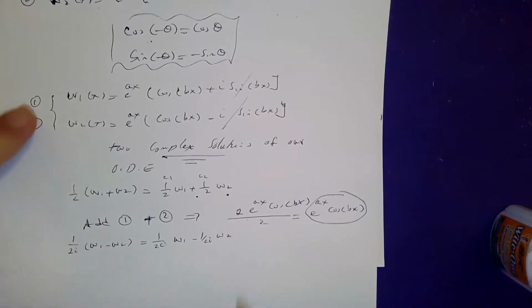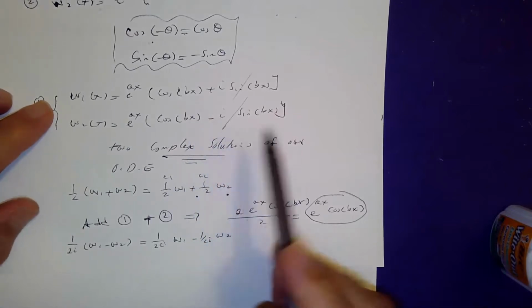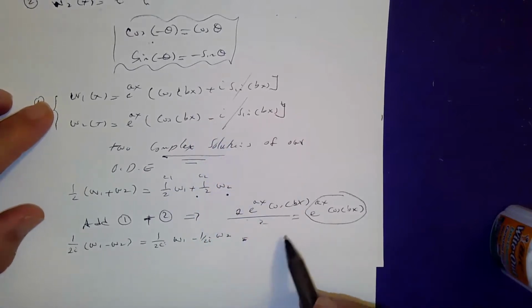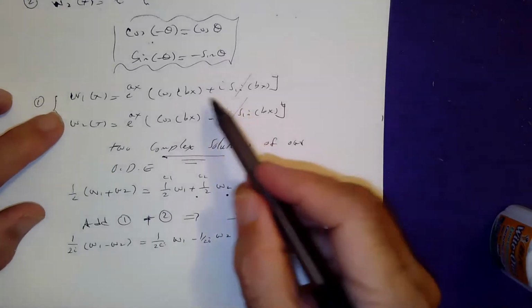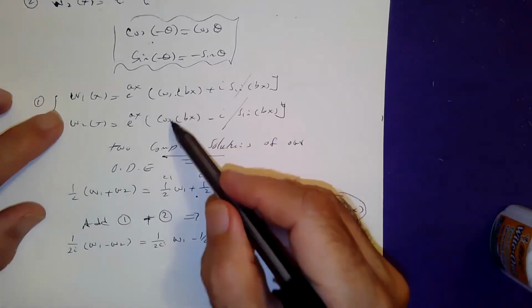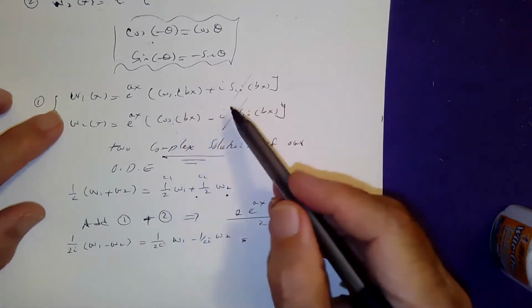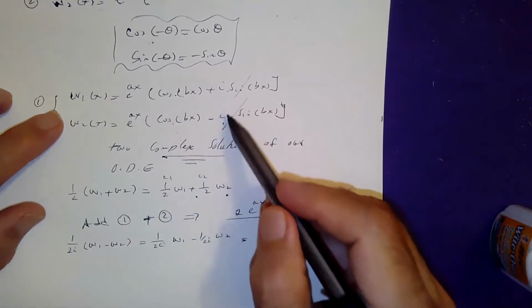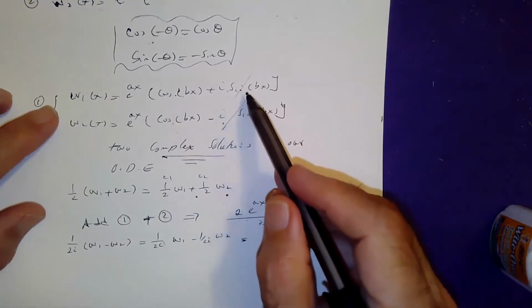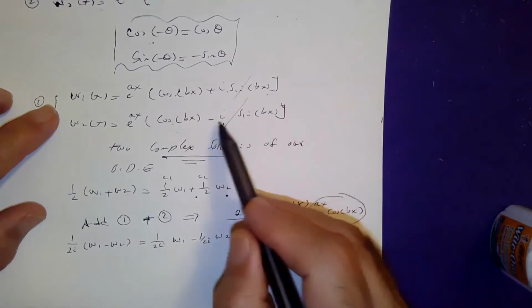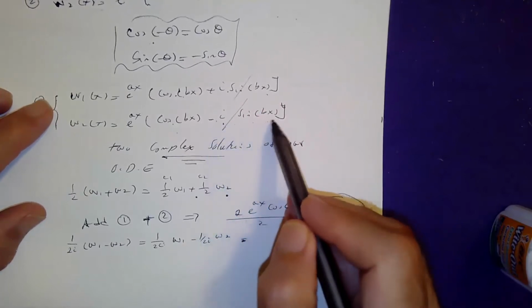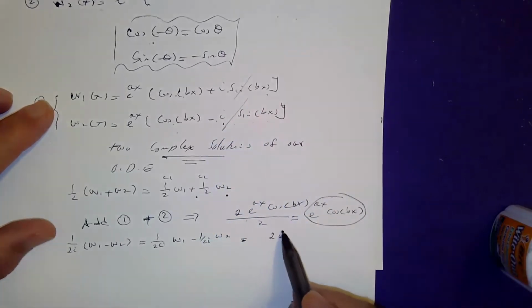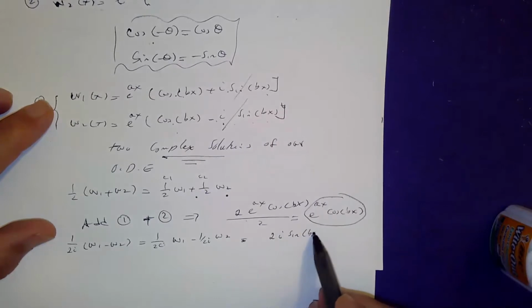Okay, so when you subtract these guys, you will end up with what? The cosines cancel. But if you subtract this from this, that would be I sine of bx minus negative I sine of bx, you get 2i sine of bx.